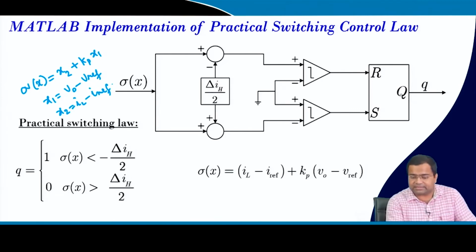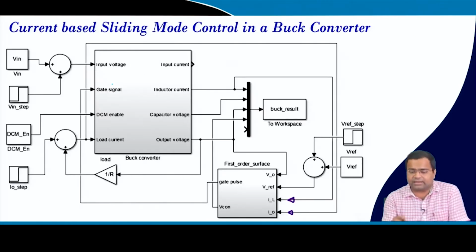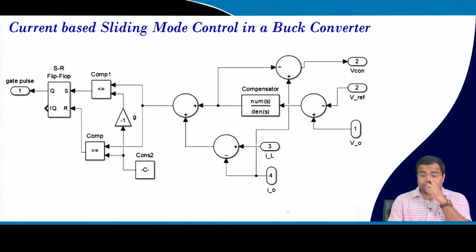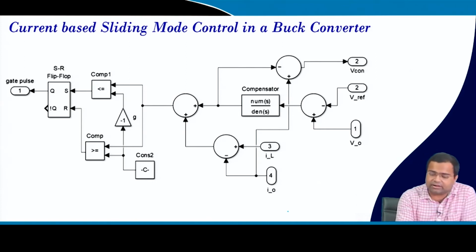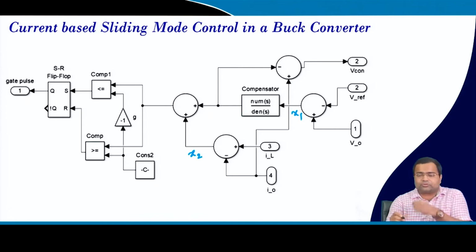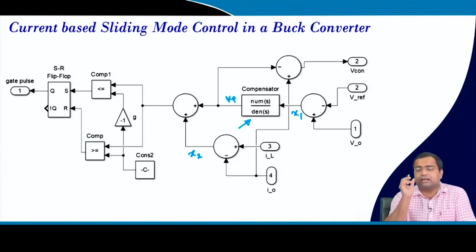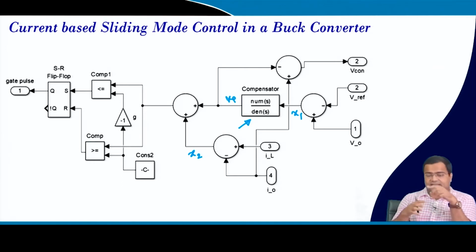So, if you want to implement this, then you need to consider the inductor current feedback and load feedback, and this is what is our IL minus I0. In this case, this is my x2 and this is our x1.